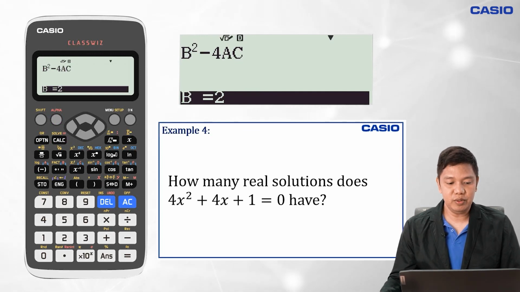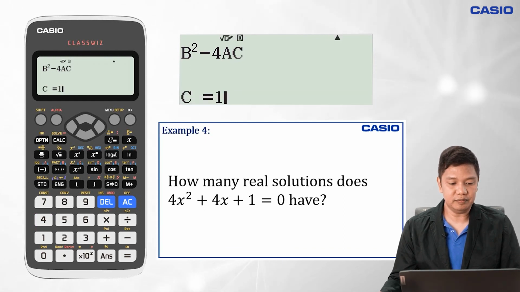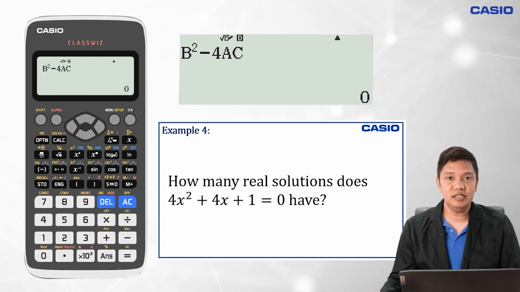For the value of b, we have 4, and then for a, we have 4, and then for c, we have 1. Pressing equals, we have the discriminant equal to 0. Since the discriminant is 0, we can say that the roots are real, rational, and equal. Therefore, we only have one real root for the given equation.